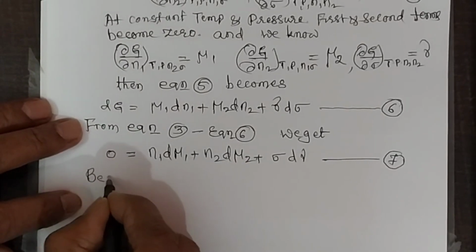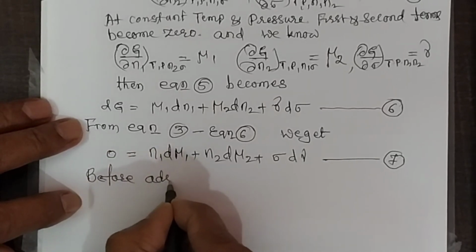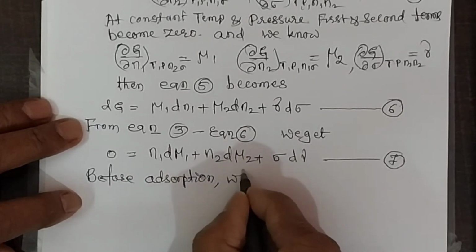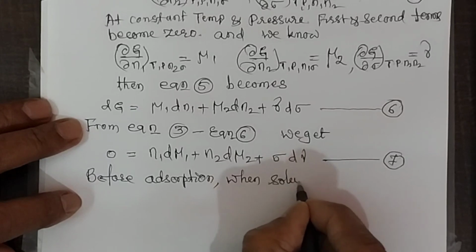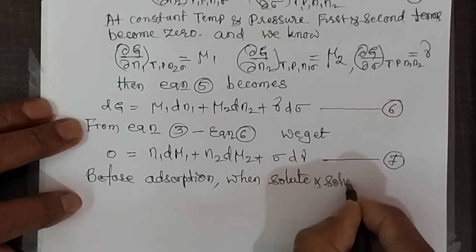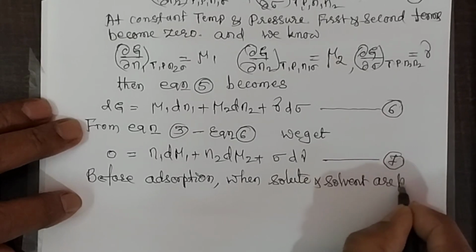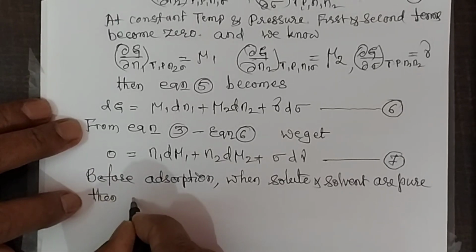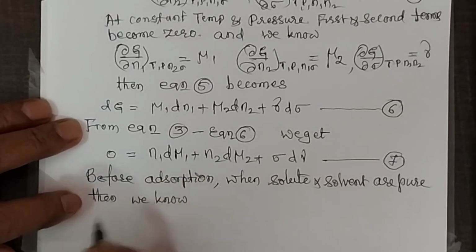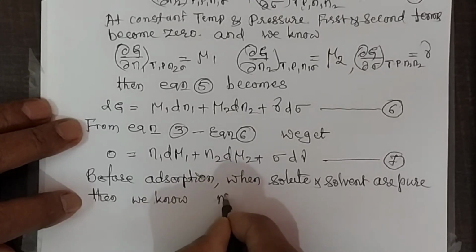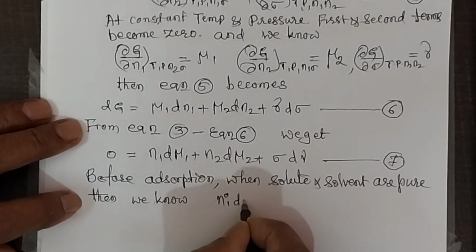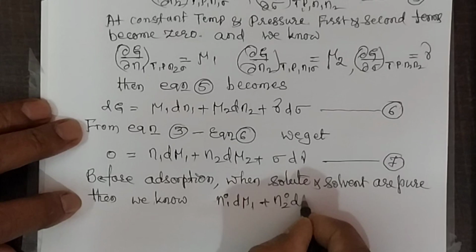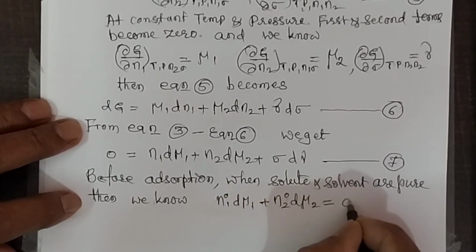Before adsorption, when solute and solvent are pure, we know n1 naught d mu1 plus n2 naught d mu2 is equal to 0.